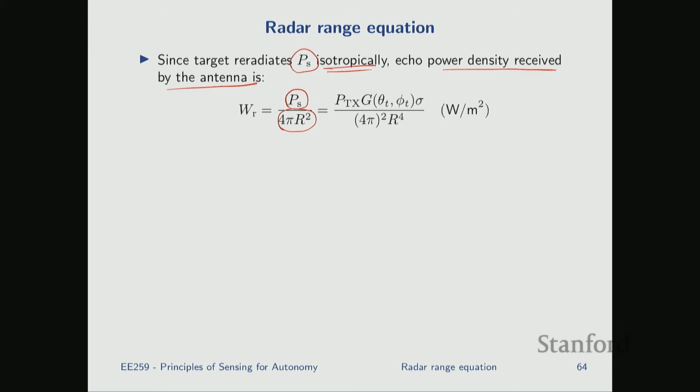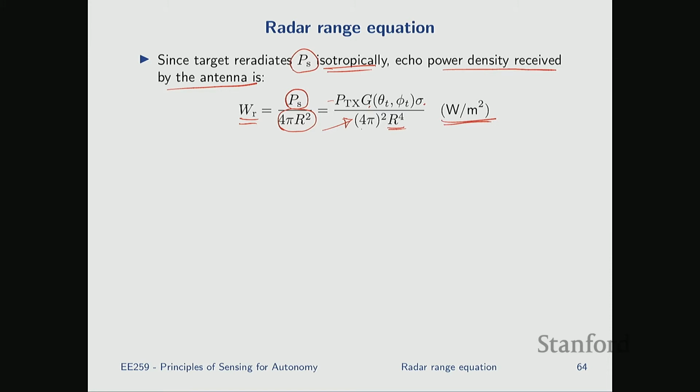And if we assume the power is radiated isotropically, it means we get just a constant power density on the surface of the sphere. So back at the receiver, the received power density from the target is just P_S over 4πr². Plug everything in, we get this expression: the transmit power times the gain times the target cross-section divided by (4π)²r⁴. And this now has units of watts per meter squared.